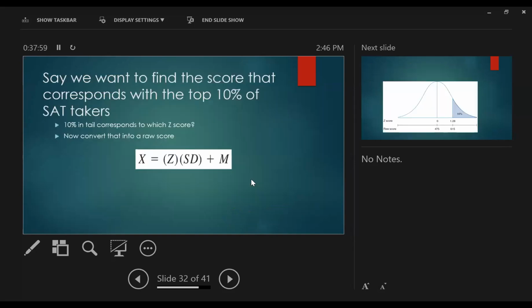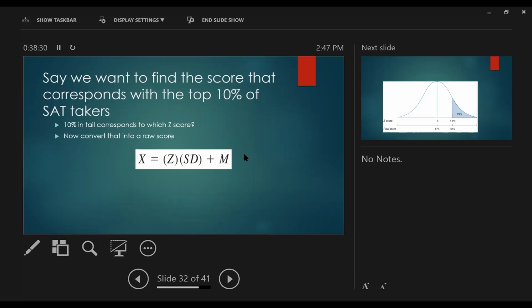Okay. So now the beauty of z-scores is we can ask almost any question of it and manipulate the numbers, and I don't mean manipulate like fake it out, but change the order of the formula to get the answer that you want. So if we want to find the score that corresponds with the top 10% of SAT test takers, you would figure out what the 10% in the tail corresponds to in a z-score, and then convert it to a raw score.